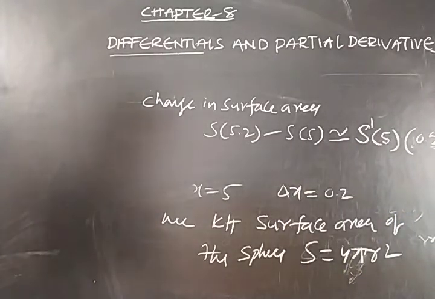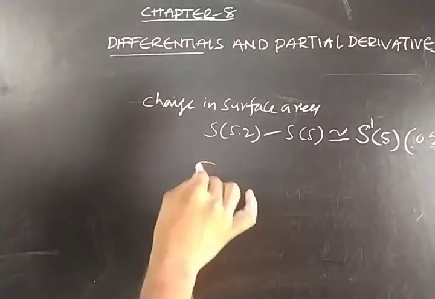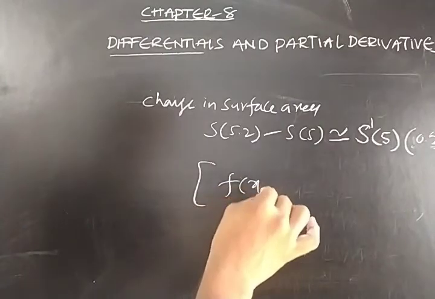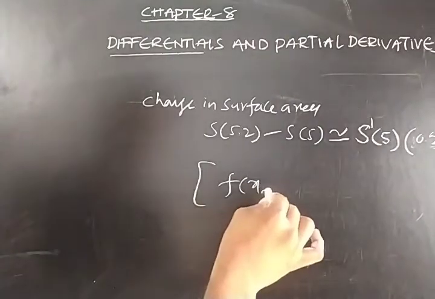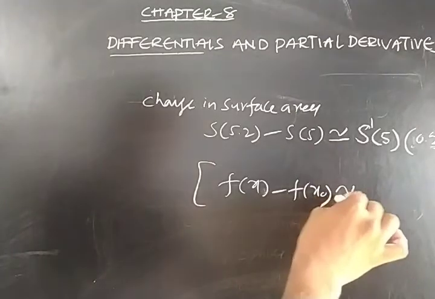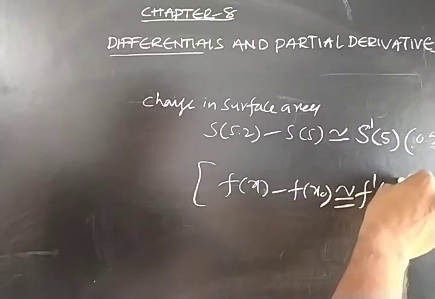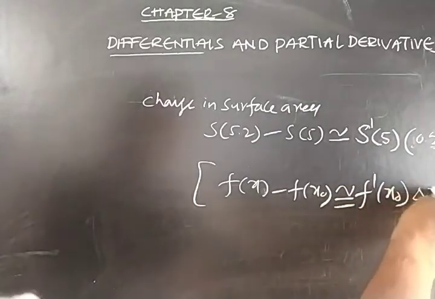Actually, the formula used is f of x minus f of x naught is approximately equal to f dash of x naught into delta x.